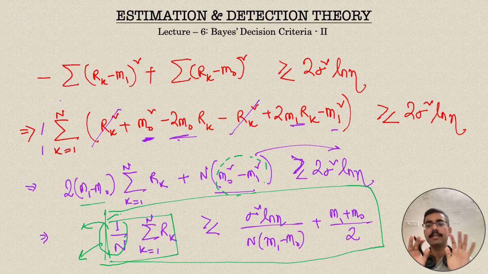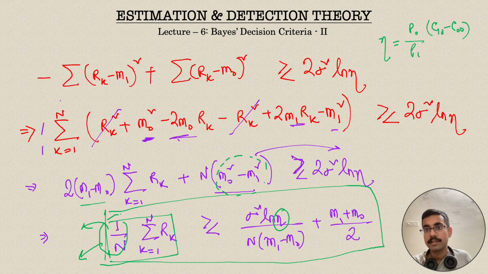Now this is ideally. If we try to look at it from a communications standpoint, you know that this eta is actually P0 by P1, C10 minus C00 by C01 minus C11. Now, for example, we take the situation where the priors P0 and P1 are both equal.